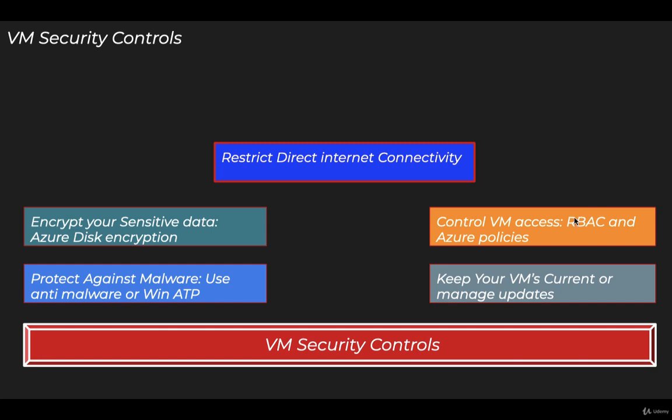You can give a user an owner role on a virtual machine, a contributor role, a reader role, a security admin role, or a security reader role. If you provide the security reader role, the user will be able to access only the security-related settings.